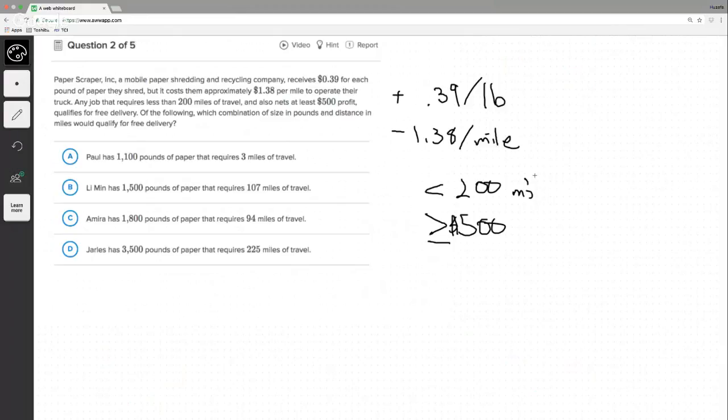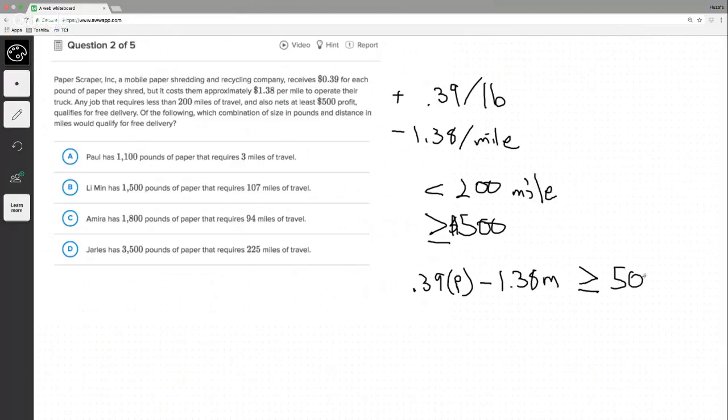Basically what's going to happen is we need to have a $500 profit. The way we calculate profit is 0.39 times our pounds, so I'll say P for pounds, minus 1.38 times M for miles, and for free delivery it has to be greater than or equal to 500.